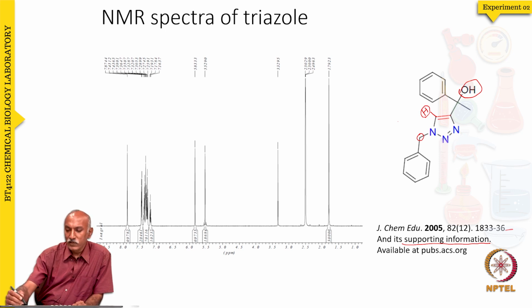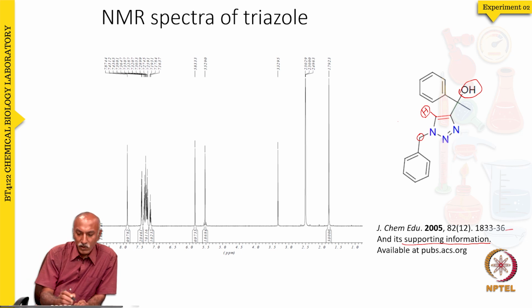So, in this case, if you look at this one, the bottom one, whatever you are seeing here, I will say this only for one proton. Now if you look at the entire aromatic region, this has 5 and this has 5, there are 10 aromatic, including this there is 11.